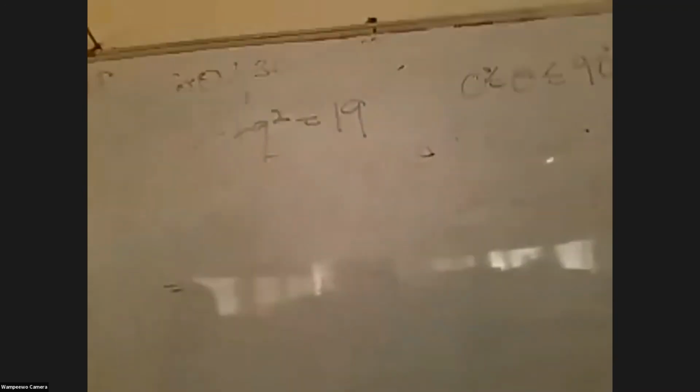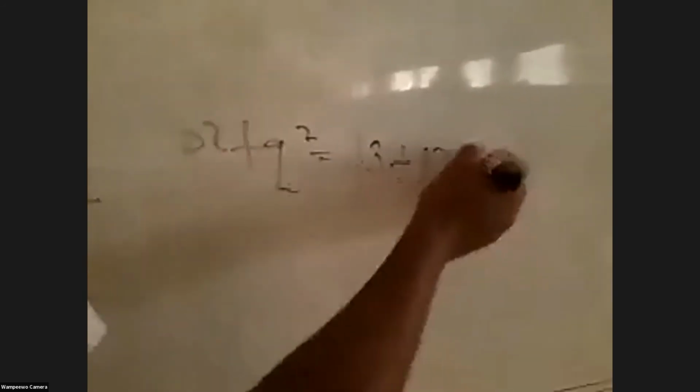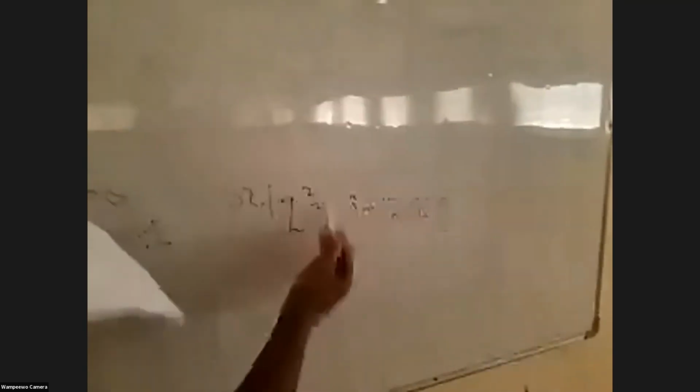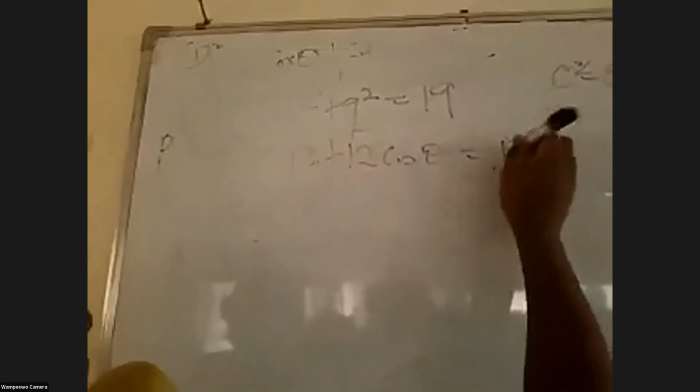So they want us to get the value of theta. Remember, I proved that P squared plus Q squared was equal to 13 plus 12 cos theta. So I'm going to equate this to 19, by saying that 13 plus 12 cos theta is equal to 19.